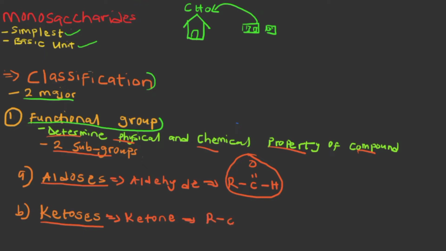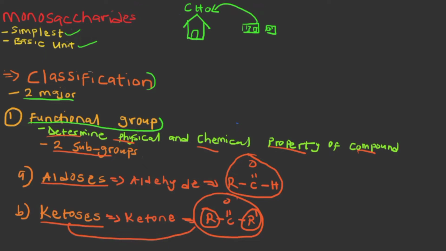This is how a ketone functional group looks like, where this R can be a carbon chain, any number of carbon, and this R prime can be any number of carbon. So all monosaccharides that have this kind of arrangement in their structure are grouped into ketoses. We're going to see many of them in this video.